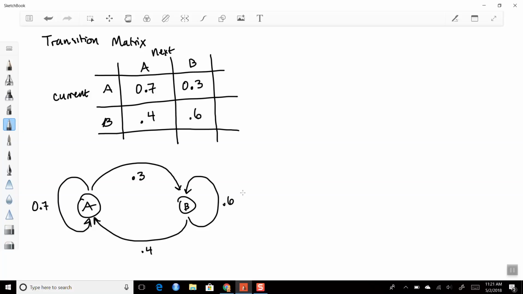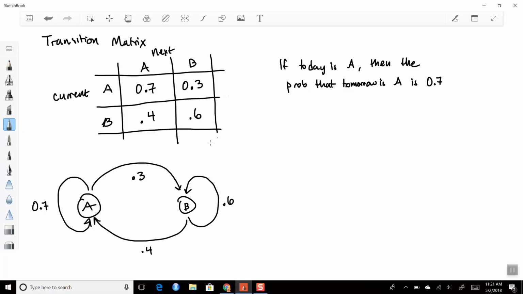So that means if today is A, then the probability that tomorrow is A is 0.7. So we have a transition matrix.